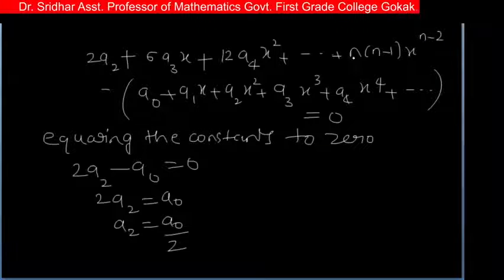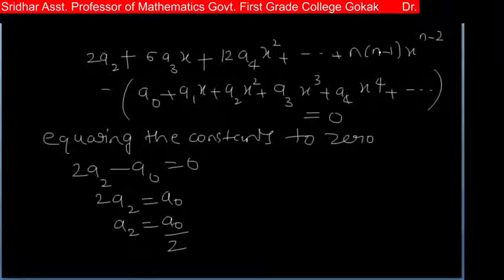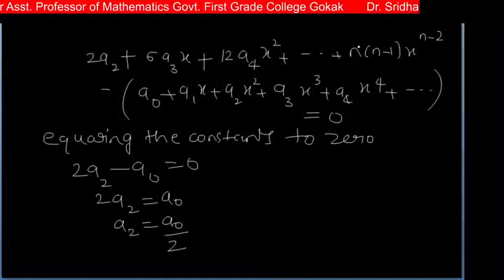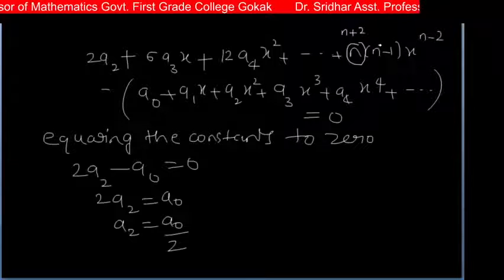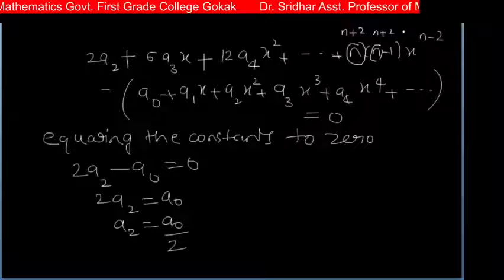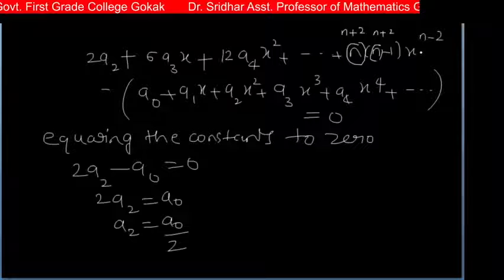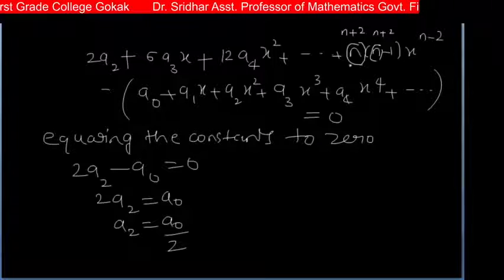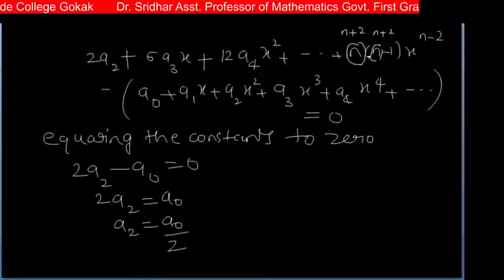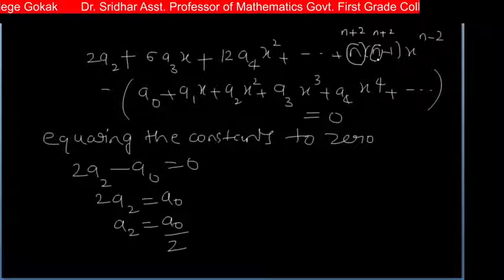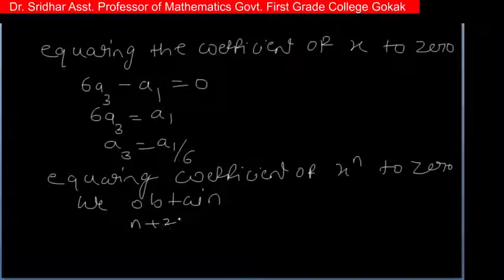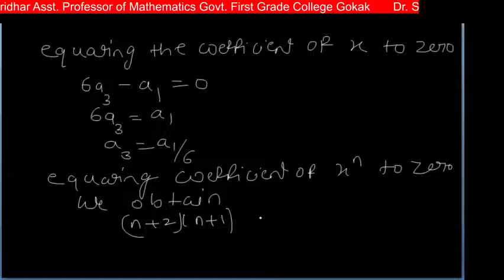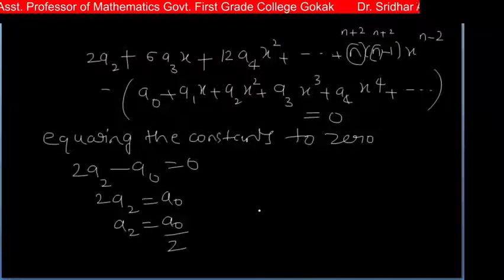Then it becomes n plus 2 into n plus 2 minus 1, so n plus 1, into x raised to n plus 2 minus 2. The plus 2 and minus 2 get cancelled, so only x raised to n remains. So we obtain n plus 2 into n plus 1.